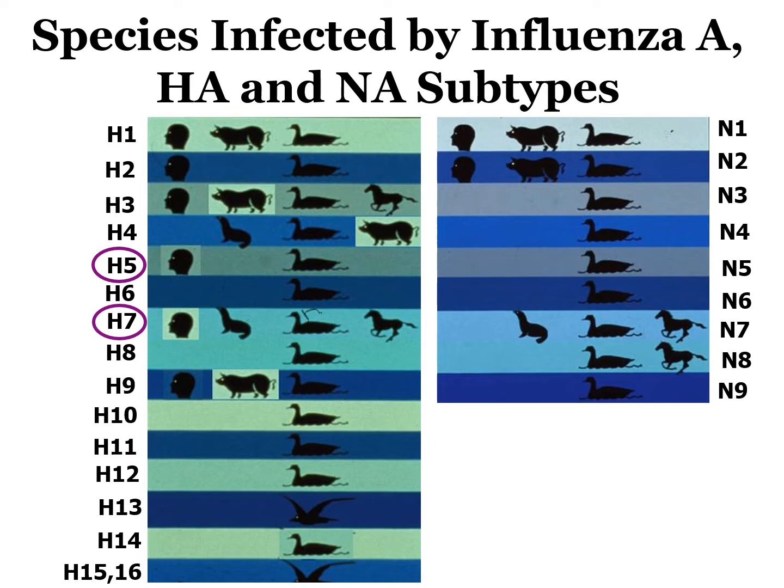In human influenza A, we can see H1, H2, H3, H5, H7, and H9, while N1 and N2 are the ones present. It's worth mentioning that there are 17 types of hemagglutinin and 10 types of neuraminidase in influenza A species or strains.